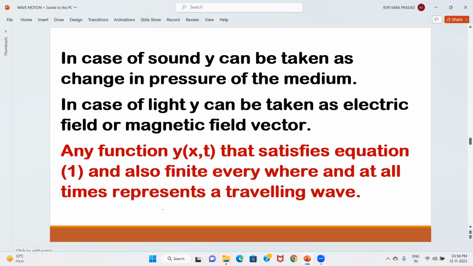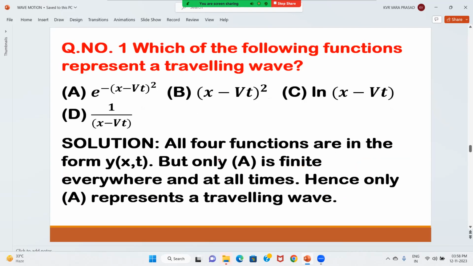See, once again, any function of position and time that satisfies equation 1, and is also finite everywhere and at all times, represents a traveling wave. Okay, see one question based on that to understand.